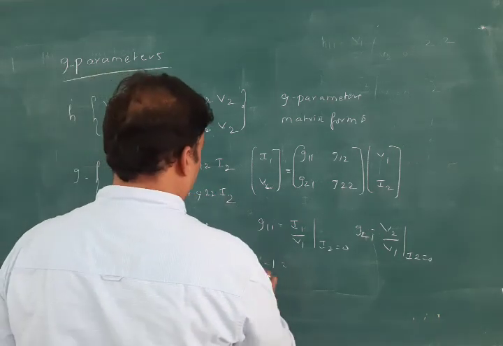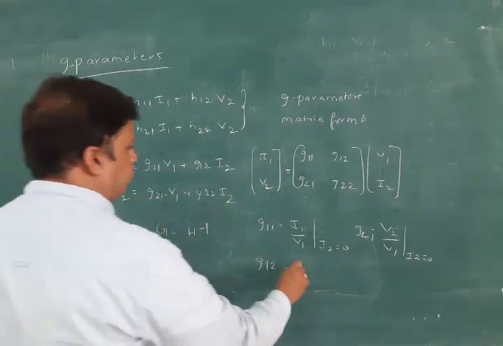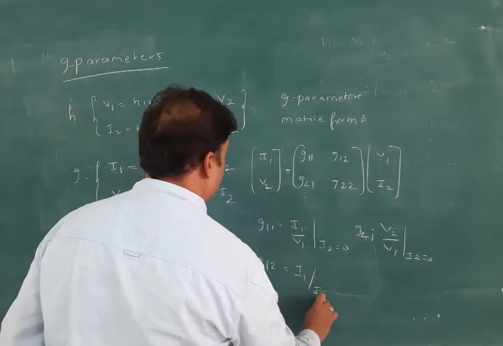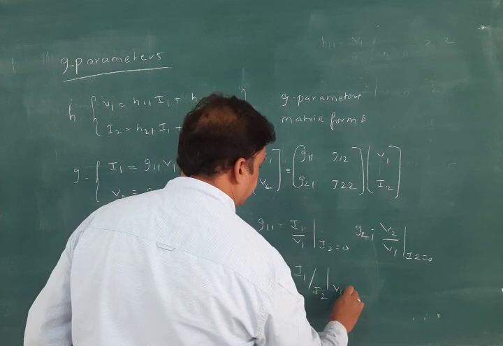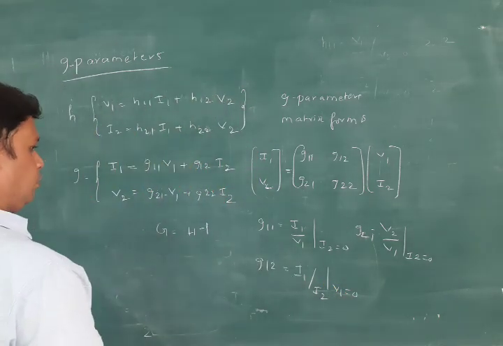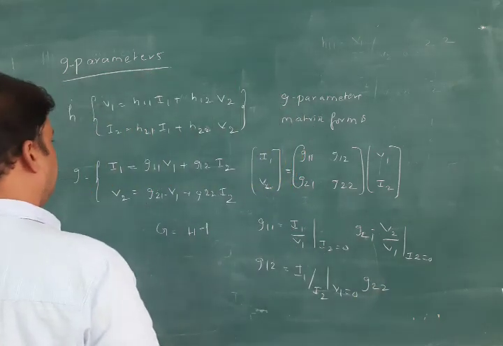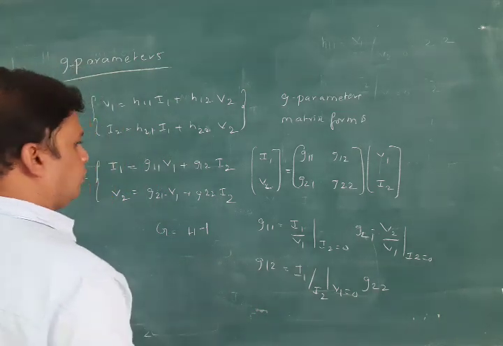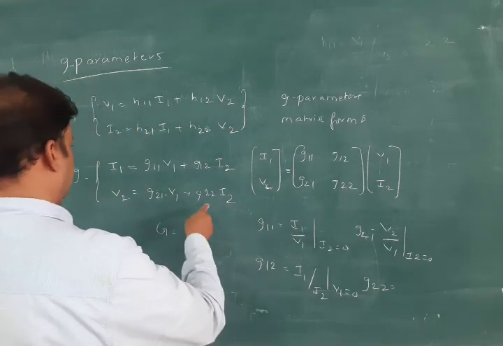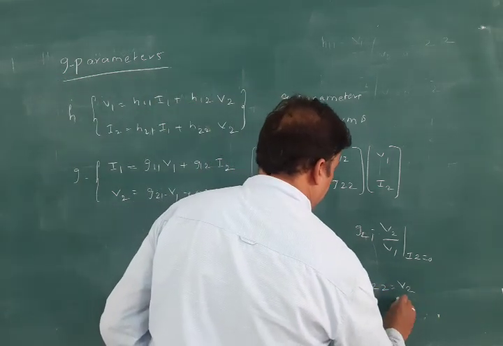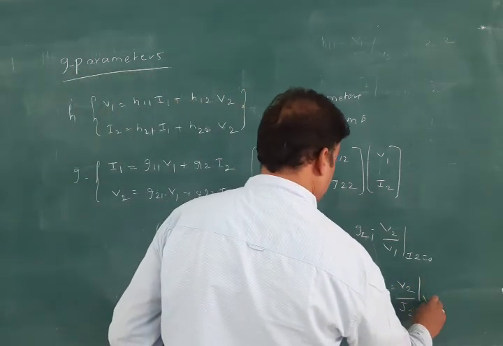What is G12? G12 is equal to I1 by I2 at V1 equal to 0, and the leftover one is G22. G22 is equal to V2 by I2 at V1 equal to 0.